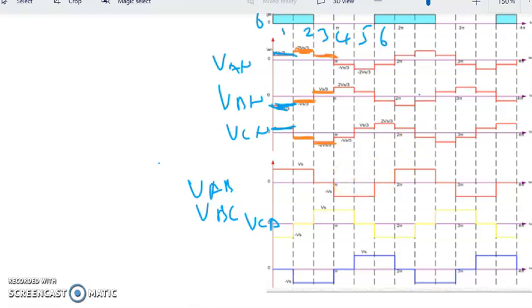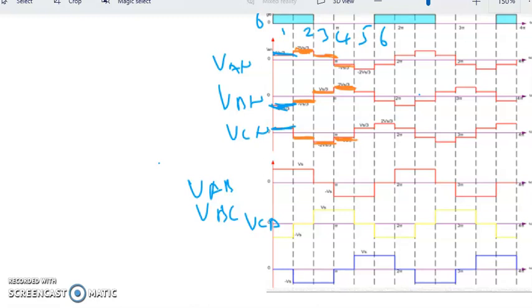So same with sequence number 4, we perform the same step. We can see that VAN and VCN share the same level of negative 1/3. Meanwhile, VBN will be 2/3 of VS at positive level.